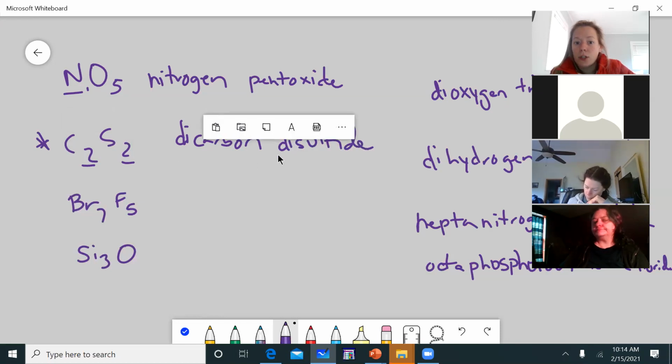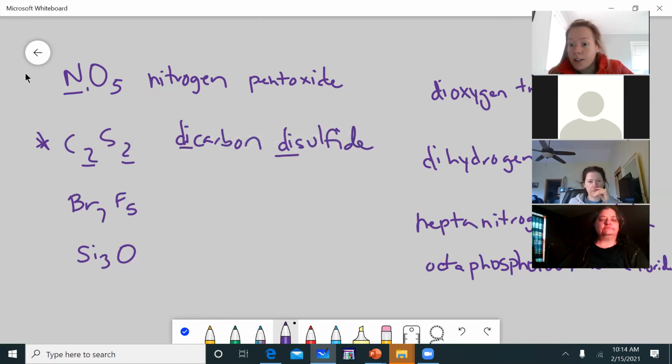Make sure you include prefixes even if they're the same. This one here, these are some bigger prefixes. 7 is hepta. So heptabromine. Pentafluoride.